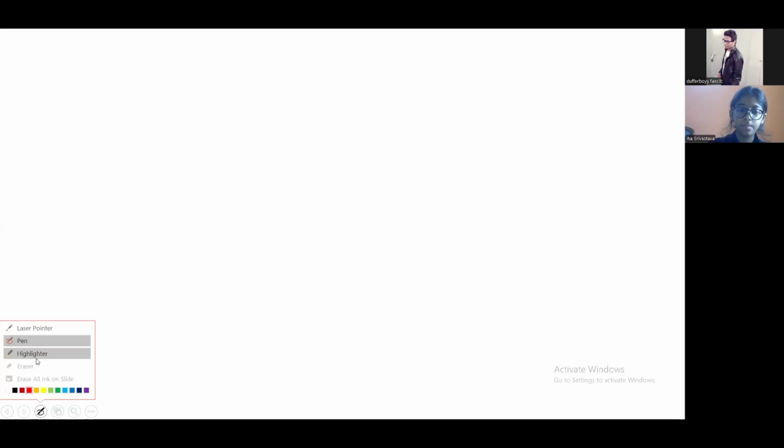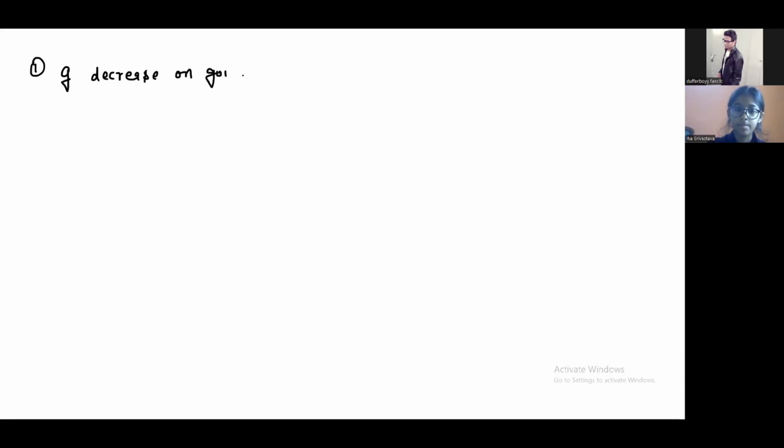Can you tell me the first point? The first point is that g decreases, that is, g dash decreases as d increases, going below the surface of the earth.